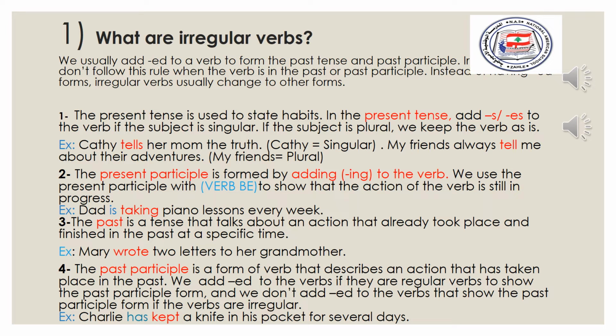And the past participle forms can be preceded by one of the helping verbs: has, have, and had. We use has if the subject is singular, and we use have if the subject is plural. Example: Charlie has kept a knife in his pocket for several days.